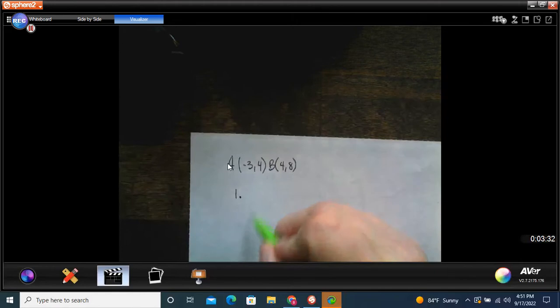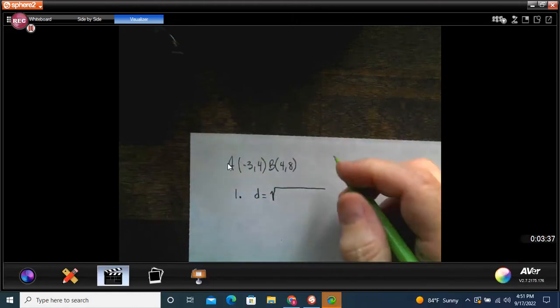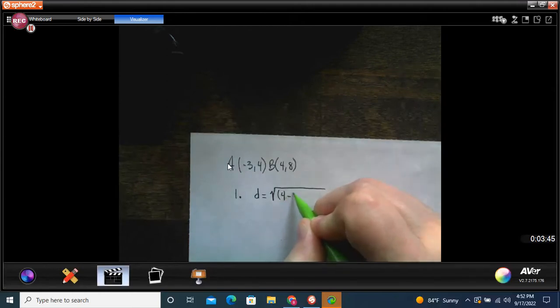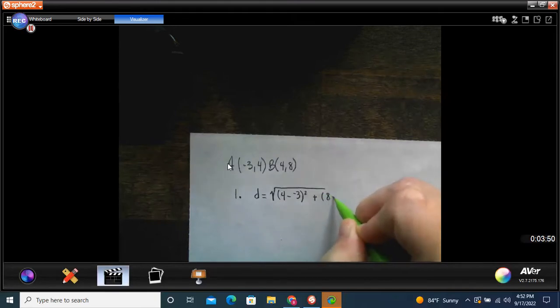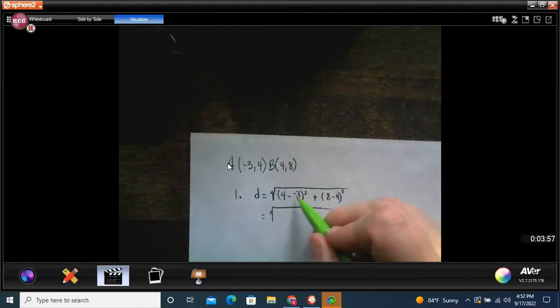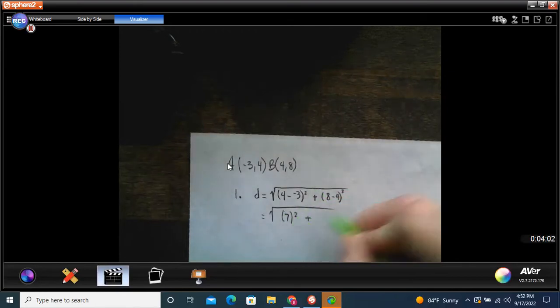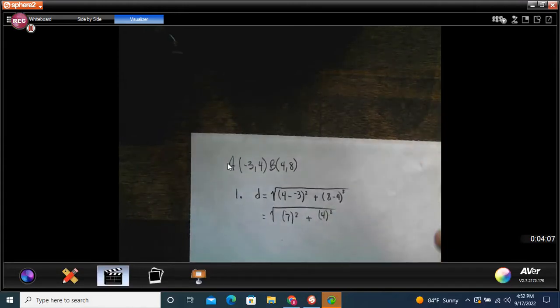So that's d, the distance formula, square root of the x minus the other x value, quantity squared, plus y minus the other y value, quantity squared. And so I get 4 minus -3 is 7. That's going to be 7 squared plus 8 minus 4 is 4 squared.